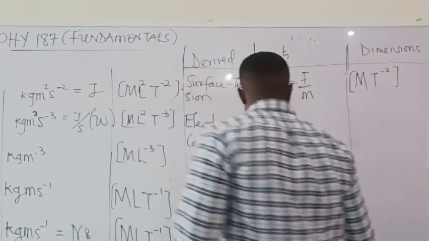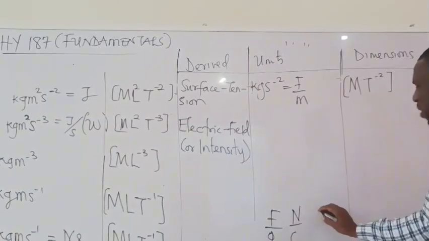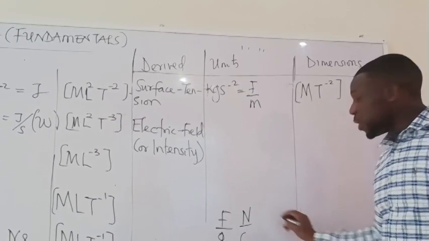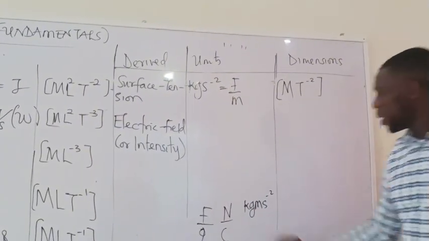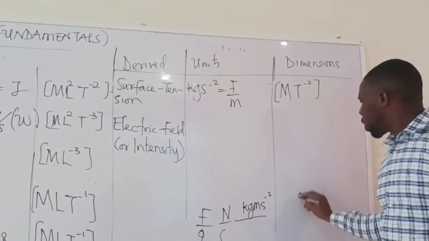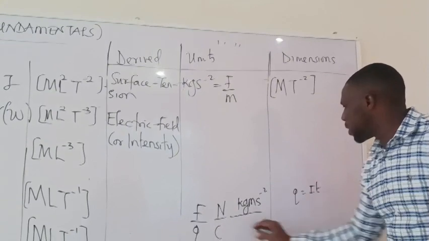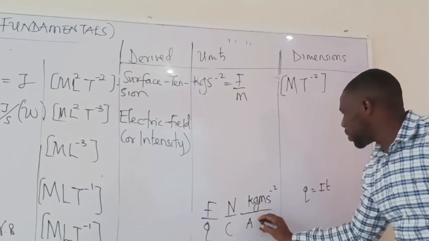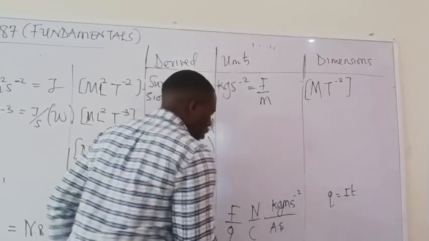Force is in Newton, and charge is in Coulomb. But Newton is the same as mass times acceleration, so that is kilogram meter per second squared. And charge is the product of current times time. Current is in ampere, and time is in second. So that's ampere second.